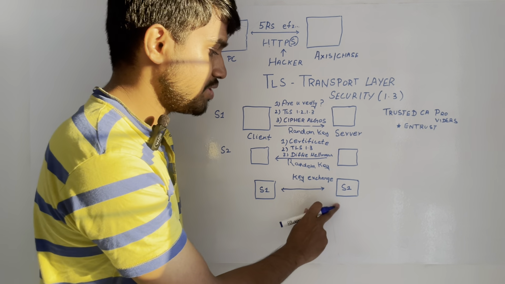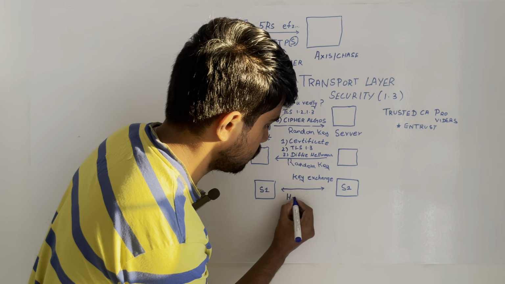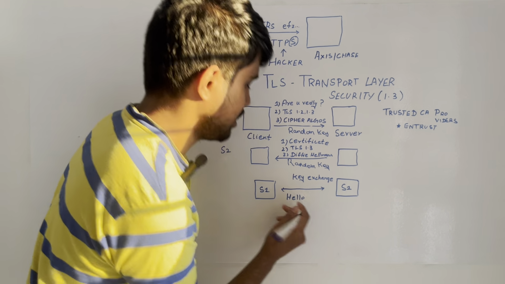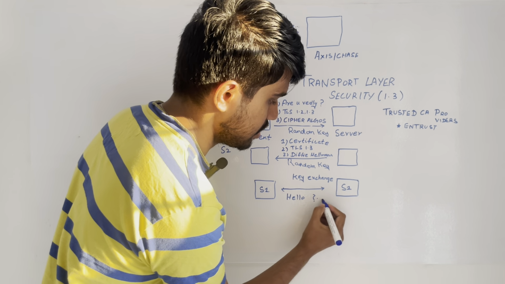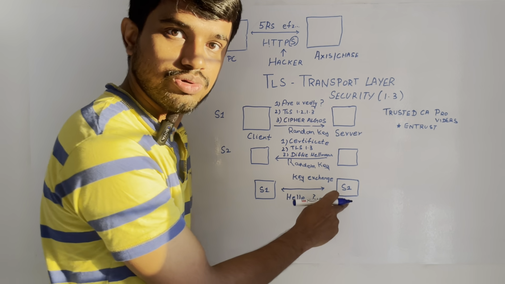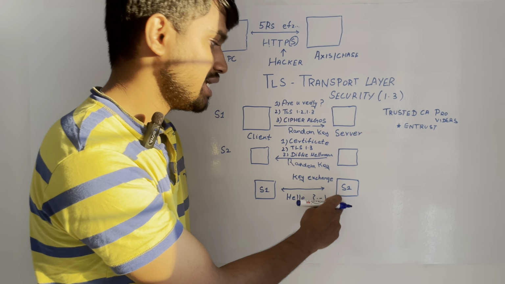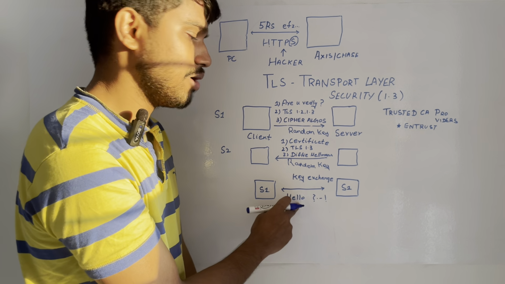your client and server will send a sample message. For example, hello. Using this key, they'll change the hello to something like question mark dot dash hyphen. So this goes to Axis Bank, and Axis Bank will use the same secret to convert this back to hello.